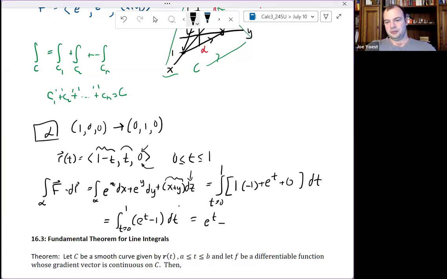That's e to the t minus t from 0 to 1. What is that? e to the 1 minus 1, and then minus e to the 0, and then plus 0. So this is e minus 2.